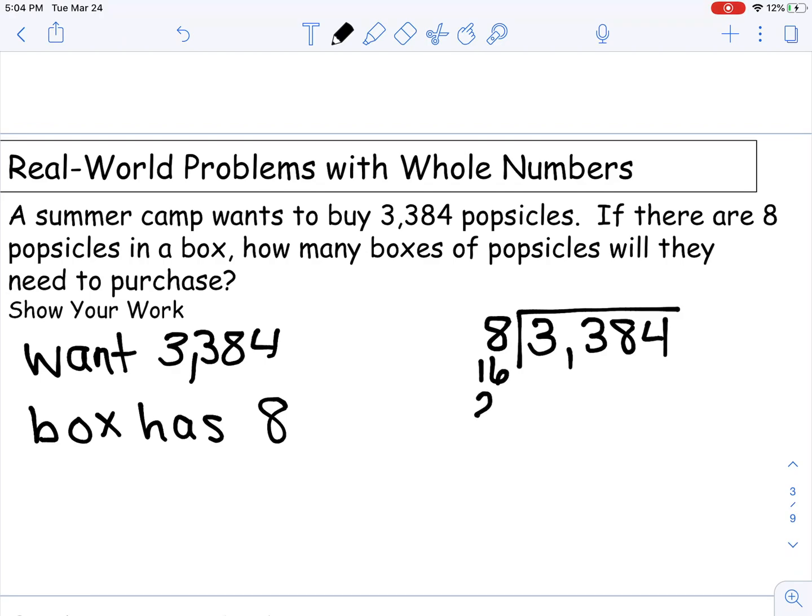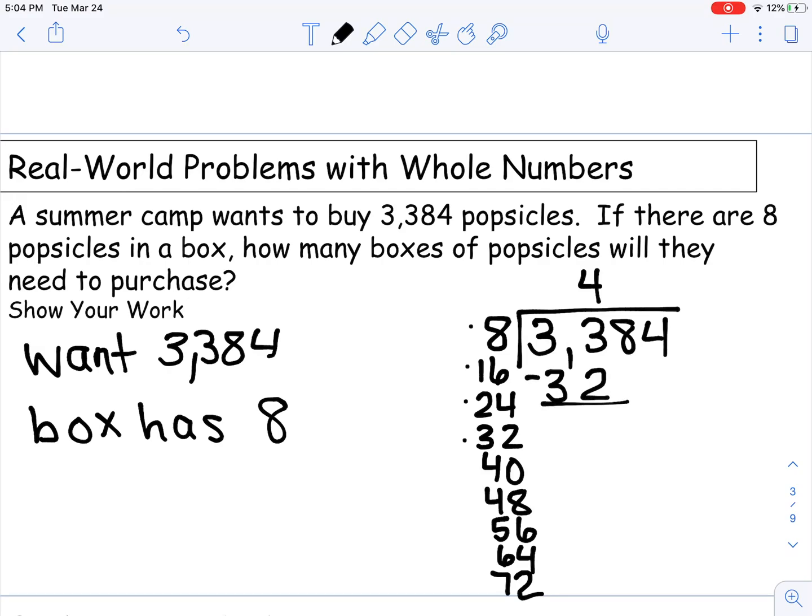Skip count strategy: 8, 16, 24, 32, 40, 48, 56, 64, 72. If they have 3, can we get a group of 8? No, so we have to go to 33, which I can get 1, 2, 3, 4 groups, which is 32.